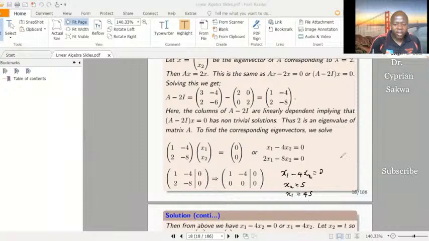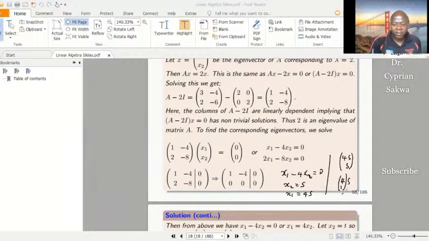So the eigenvector will be 4s and s, that is x1, x2. Or if you want, you can write it as 4, 1, with s outside.